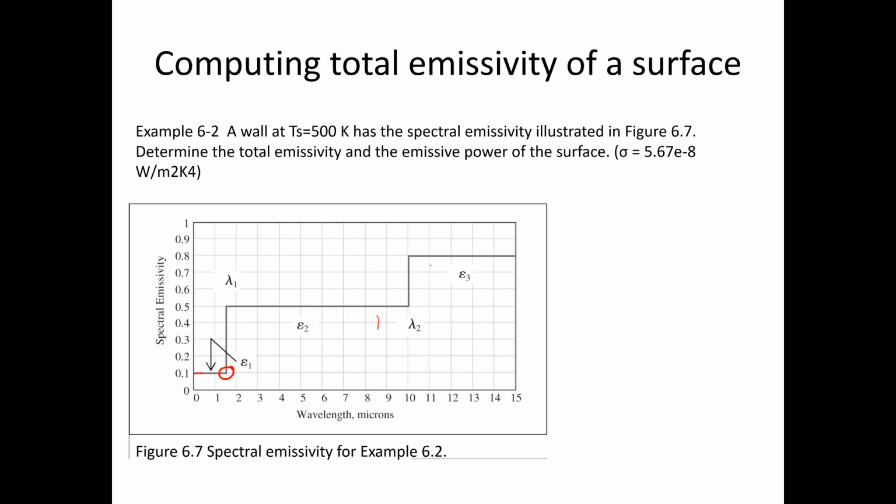Then if I wanted to compute the total emissive power at that 500 Kelvin temperature, I would first need to find the average emissivity across all wavelengths. That can be done in a relatively straightforward way by using the function we were looking at in the prior video, which gives the fraction of thermal energy within a certain wavelength range.